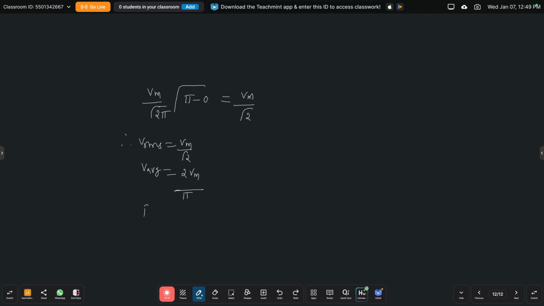So the form factor is V RMS by V average, which is equal to Vm by root 2 by 2 Vm by pi, which is equal to 1.11. And similarly the peak factor is V maximum by V RMS, which is equal to root 2.